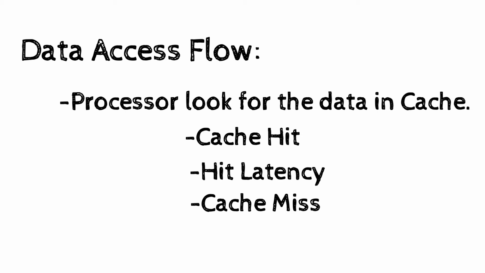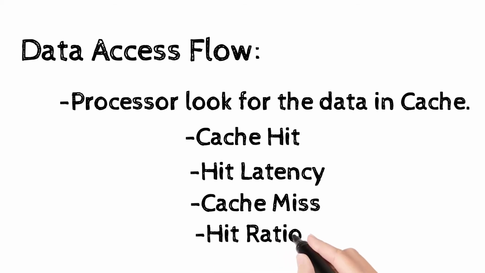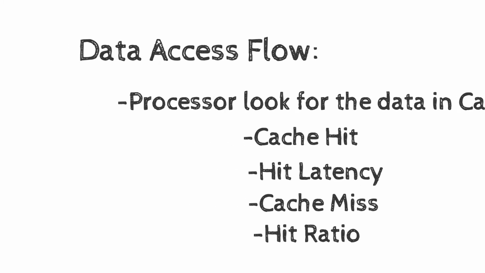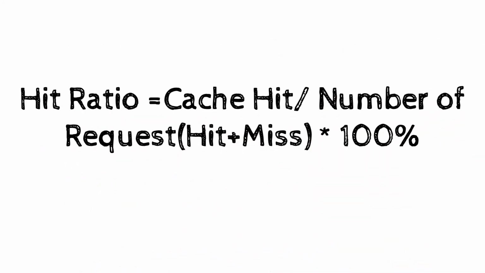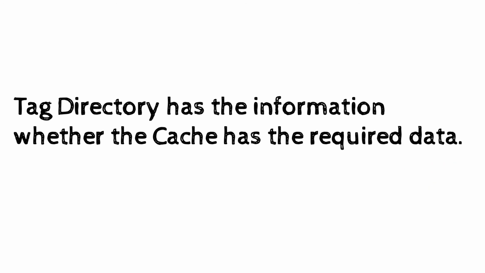The ratio of the number of data finds to the number of attempts by the processor is the hit ratio. High hit ratio means high processor utilization. Hit ratio is equal to cache hits divided by the number of requests, hits plus misses, times 100%. The tag directory in the hash has the information whether the cache has the required data.